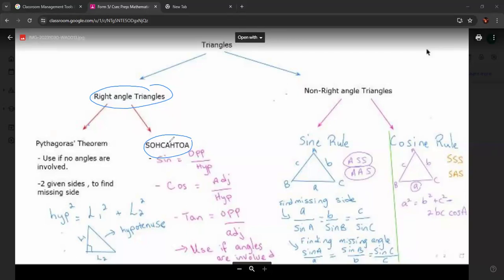So I'm going to explain that now. So remember, an angle given, or an angle asked to be found, right angle triangle, your go-to is to write SOHCAHTOA on that page.